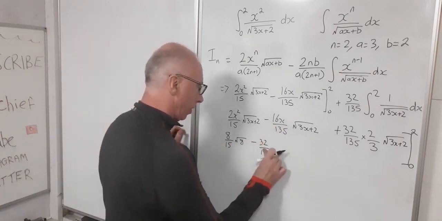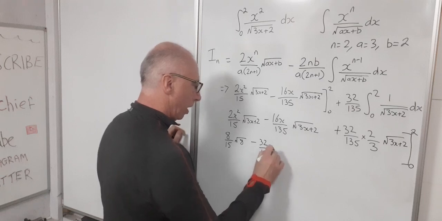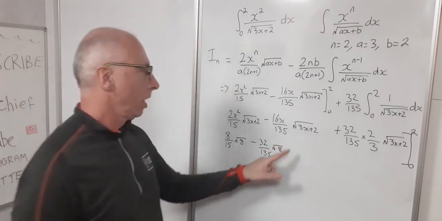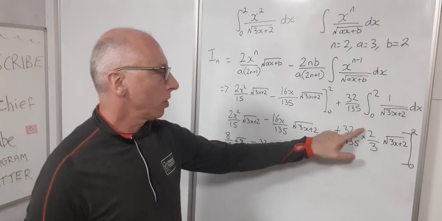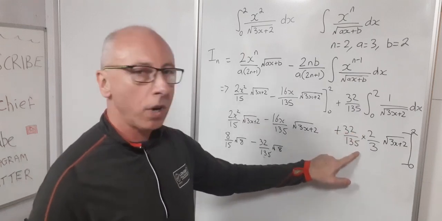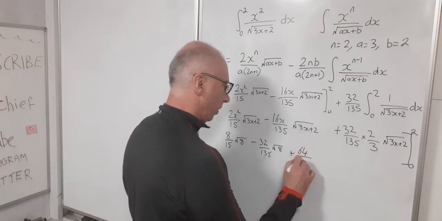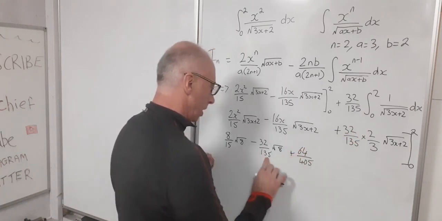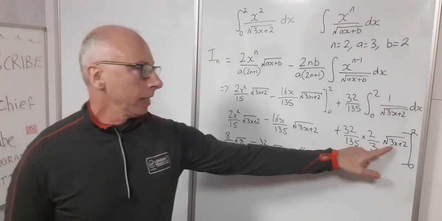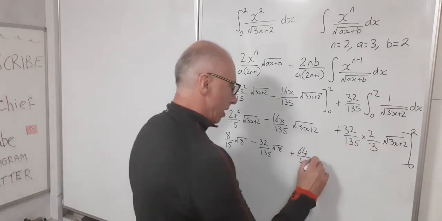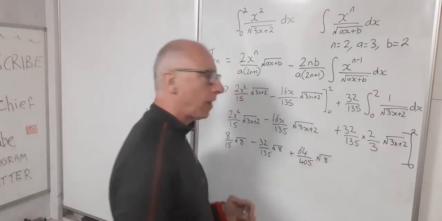Oh, let's write 135, not 155. Square root of 8. This one we can just clean it up a little bit. So that's 64 over 405. So that's plus 64 over 405. And square root of 8. That's going to stay. Okay, so that's the value at 2.